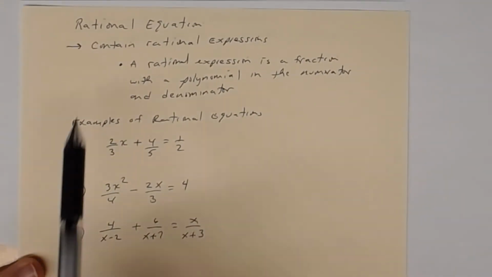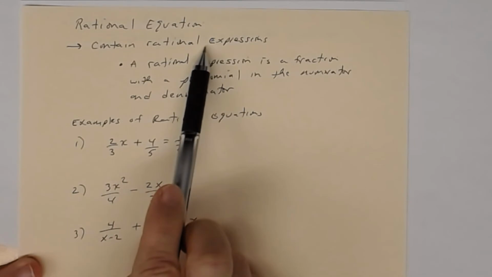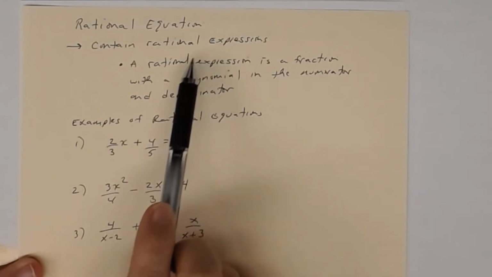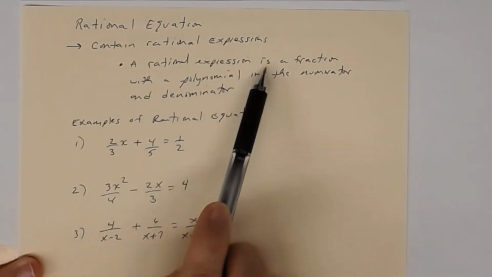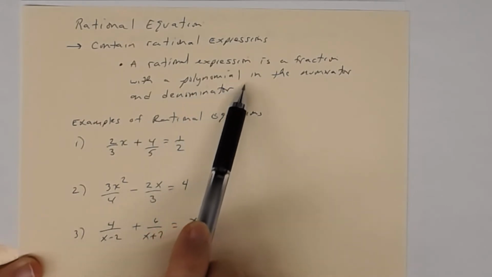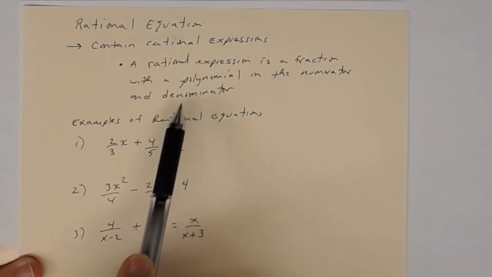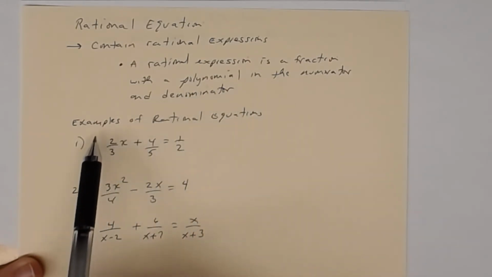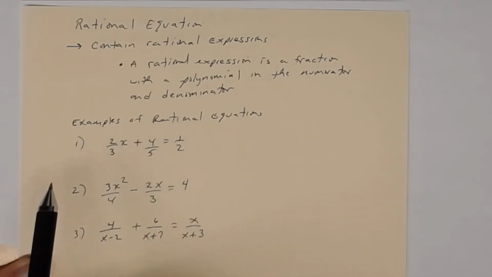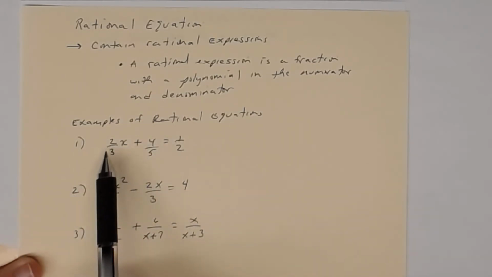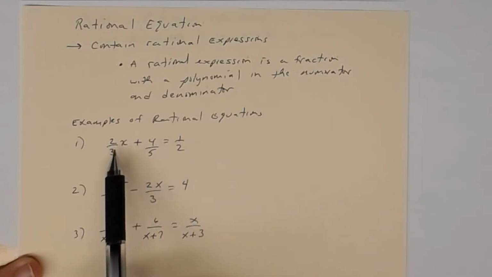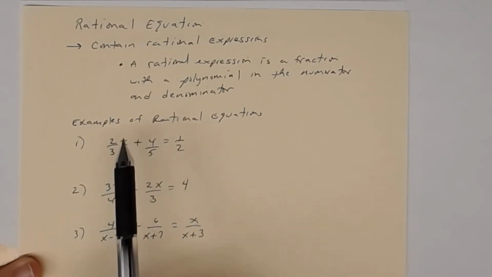So a rational equation, remember, contains rational expressions. And a rational expression is a fraction with a polynomial in the numerator and the denominator. So here's an example of a rational equation. Notice that each of those terms, and it doesn't have to be all of them, at least one.